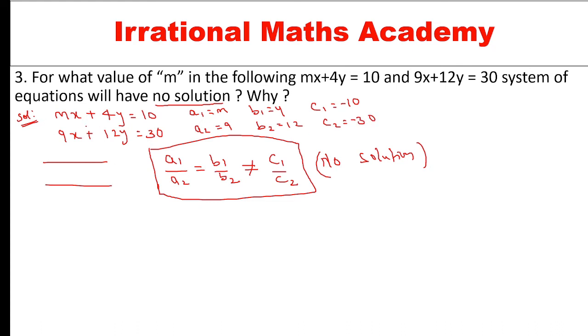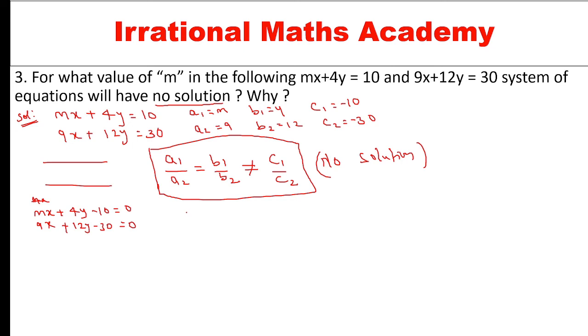So many of you are wondering why I wrote C1 equal to minus 10. If you write this in the standard form, what happens? Mx plus 4y minus 10 equal to 0, 9x plus 12y minus 30 equal to 0. This is the standard form from where I am comparing.